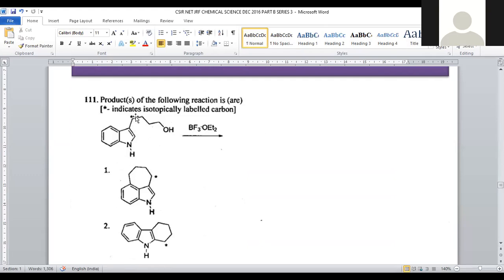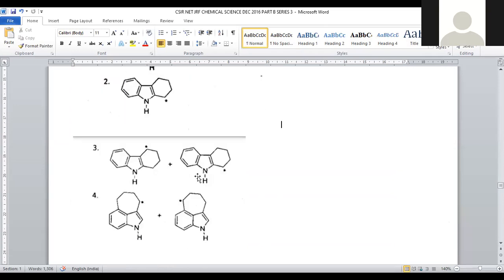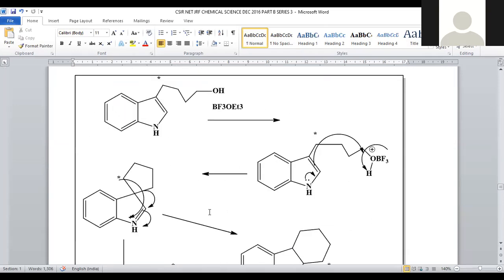Here is the compound called indole with a side chain alkyl group, and the terminal hydroxy will be there. It is treated with boron trifluoride and diethyl ether, right? So trifluoroborane with diethyl ether was added, then what will be the product we have to predict? For this purpose, we have a detailed mechanism where we are taking the indole derivative and the labeled carbon is mentioned.